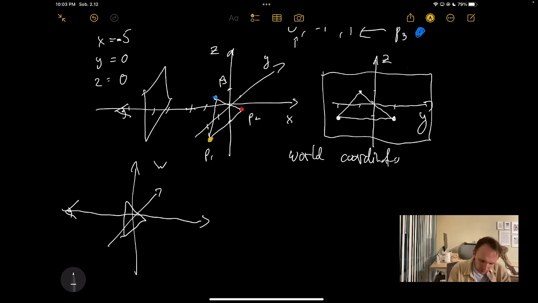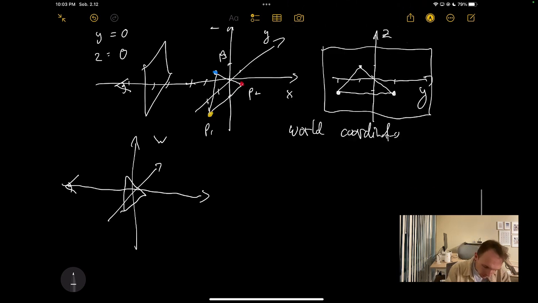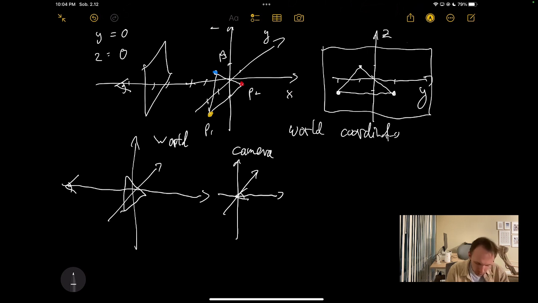So we're going to call this world, and then in camera frame, the beginning of the coordinate system will be where the eye is, right? So something like this. It's just literally bringing the beginning of the coordinate system to where the camera is, x, y, and z.